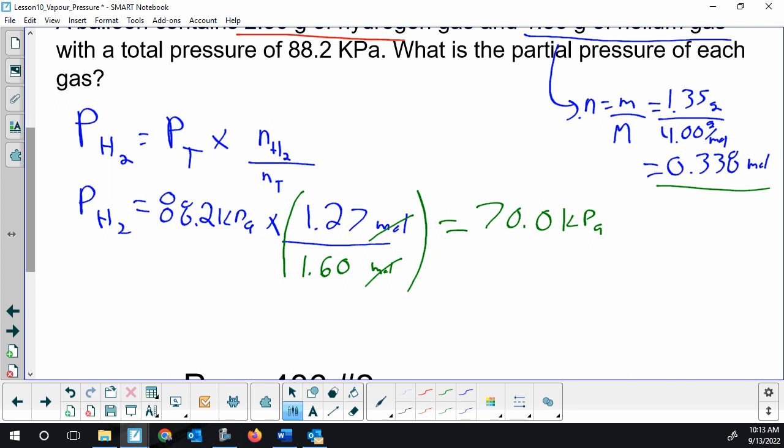We could run all the math again, use this formula again for hydrogen, but there's really no point. There's only two pieces. 70 kilopascals plus whatever helium is has to be the 88.2.